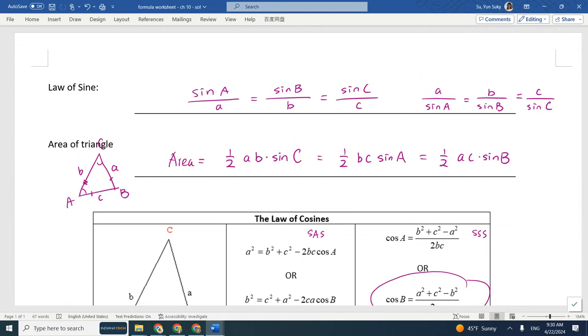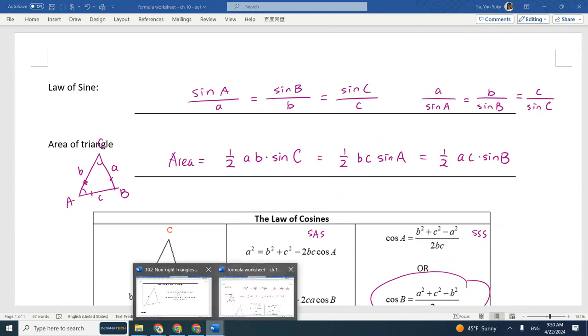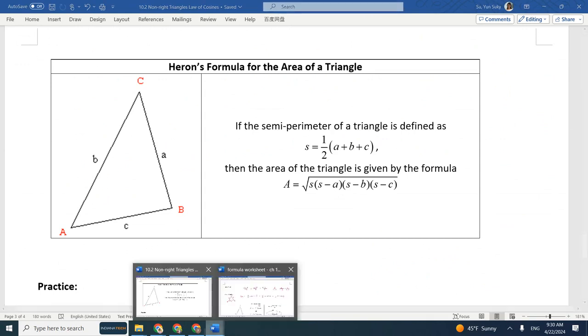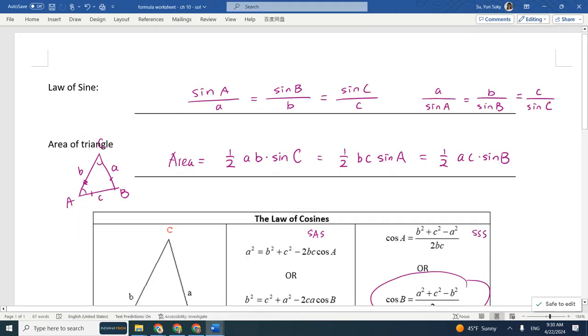You don't have to use this new formula. I just show you that there's another set of formulas, but you don't have to use this one because you know all the 6 pieces of information. You know 3 angles and 3 sides. So you can use the old formula we learned to find the area of the triangle. Is that clear, everybody?